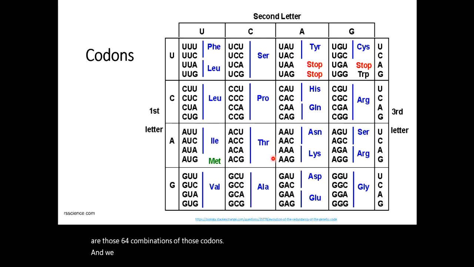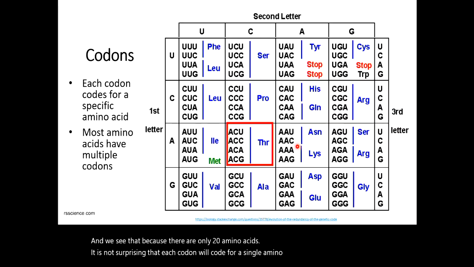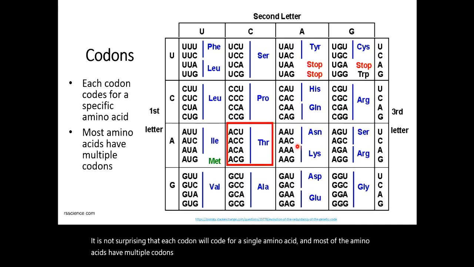And we see that because there are only 20 amino acids, it is not surprising that each codon will code for a single amino acid, and most of the amino acids have multiple codons. That's how you can have these 64 codons coding for 20 amino acids. So I want to draw your attention to this example here.